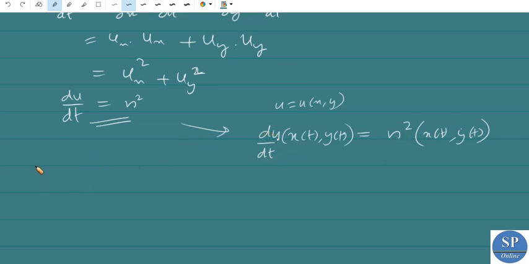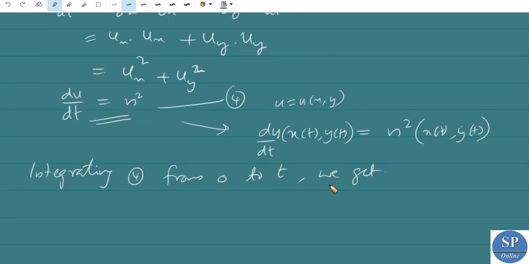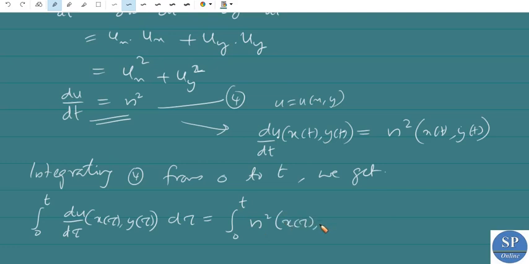Now integrating this equation 4 from 0 to t, we get the integral from 0 to t of du/dτ of x(τ), y(τ) dτ equal to the integral from 0 to t of n squared of x(τ), y(τ) dτ.